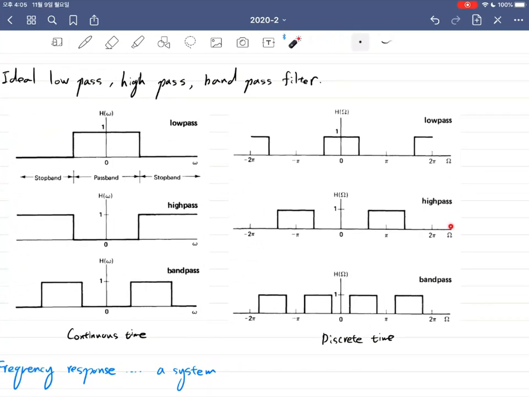As you can see in this figure, the discrete time case is a periodic signal where the period is 2 pi. So if you see this ideal low-pass filter, you can see that there exists a value 1 around 0, around 2 pi, and around minus 2 pi. Whereas the high-pass filter has values around pi and minus pi, and maybe minus 3 pi, like that.